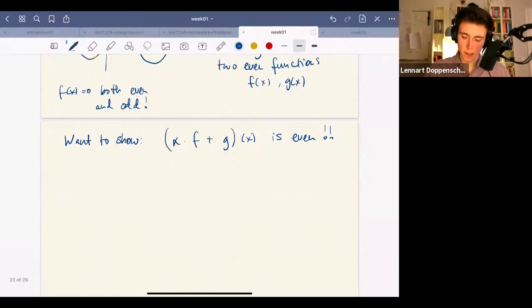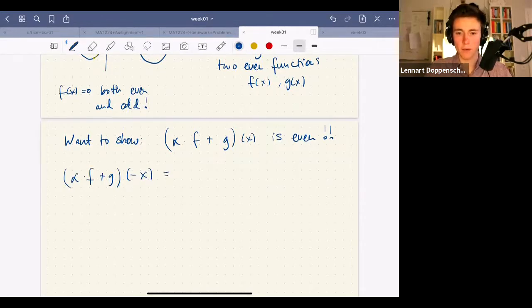So let's do this. Well, how do we do this? We just plug in minus x and show it's the same as x. So we literally just write alpha times f plus g, and we give it the argument minus x. And now comes the operation into play, because we need to know what the operation is. Well, this is just alpha f of minus x plus g of minus x.